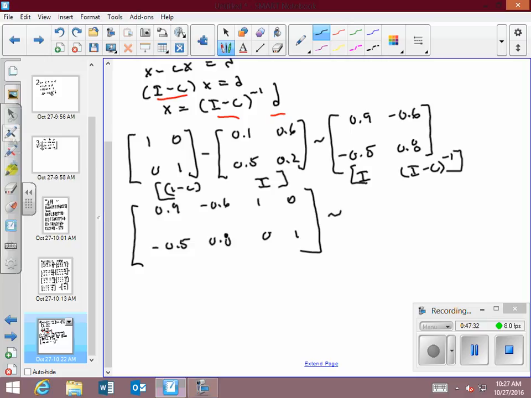Okay, first thing I'm going to do is get rid of those decimals. So I'll multiply 10 times everything. So this is a 9, minus 6, 10 and 0, minus 5, 8, 0, and 10. Now I want to get I on the left.